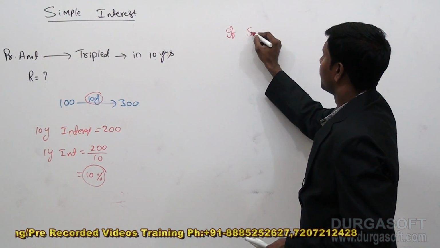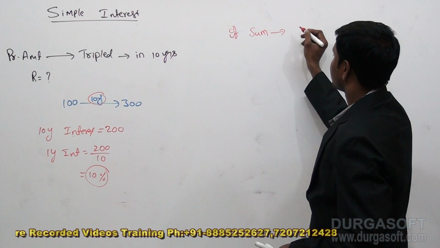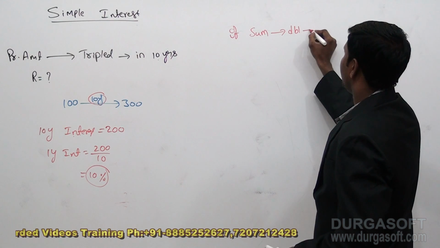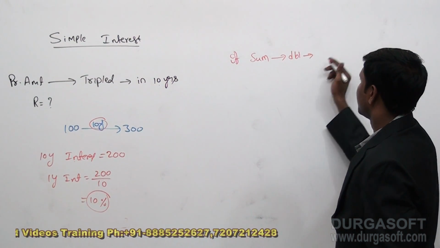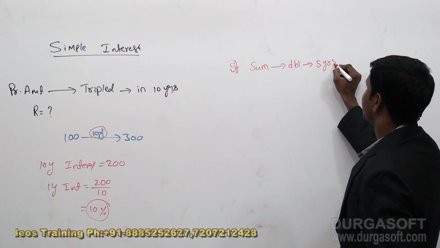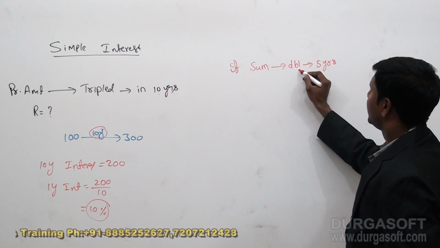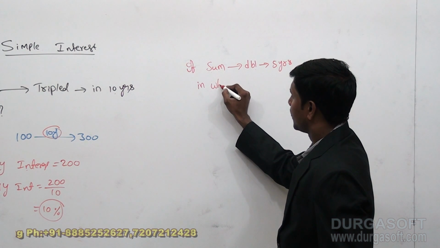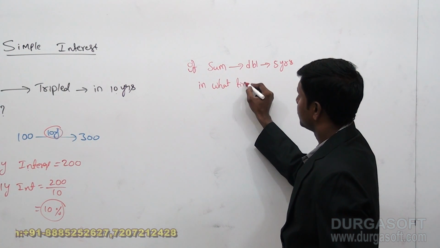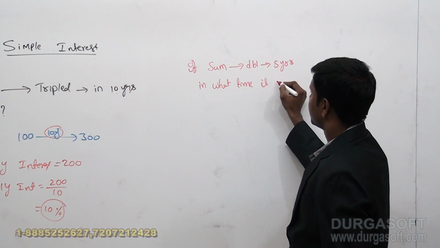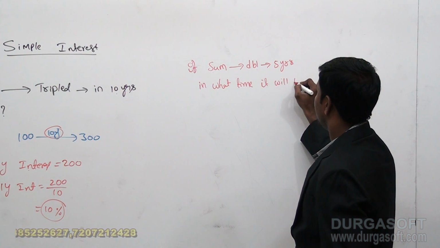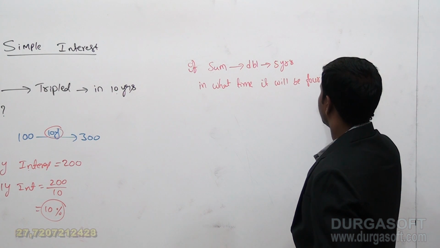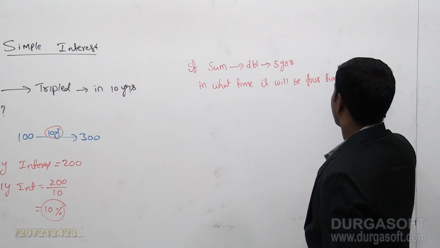If a sum of money doubled in 5 years, in what time will it be 4 times?